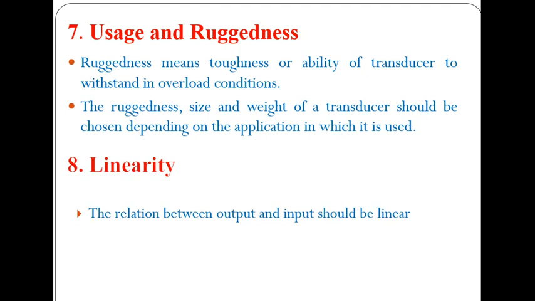Ruggedness means toughness, or the ability of a transducer to withstand overload conditions. The ruggedness, size and weight of a transducer should be chosen depending on the application in which it is used. Its performance may not be affected by overload conditions. It must give us proper output under such load conditions.